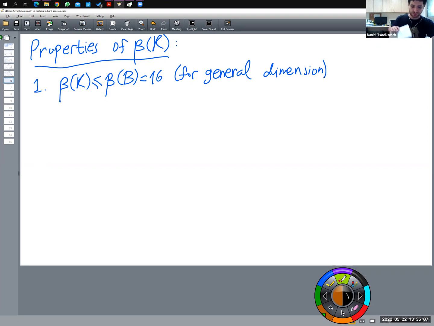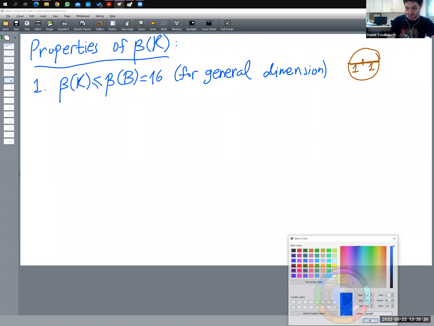Beta of a ball is 16 because alpha of the ball is 4 times its radius, because the shortest billiard trajectory is the diameter. If the radius is 1, and you travel the diameter twice, the shortest billiard trajectory is 4. In the dual, it is also 4, so the product is 16. This is true in general dimension.